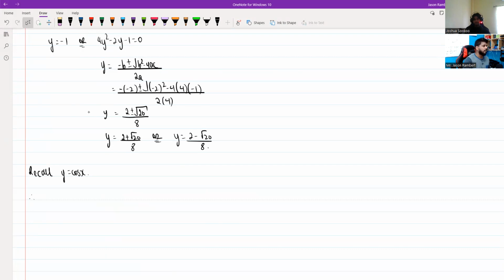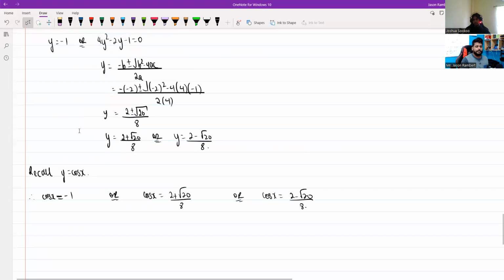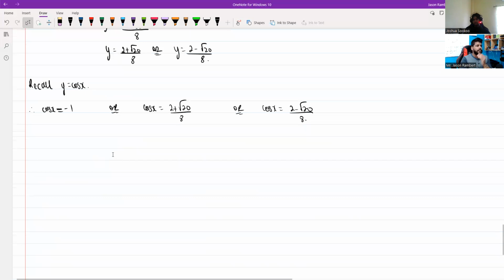So therefore, cosine of x is equal to minus 1, or cosine of x is equal to 2 plus root 20 over 8, or cosine of x is equal to 2 minus root 20 over 8. So our three separate calculations, I have to calculate for x in each case.